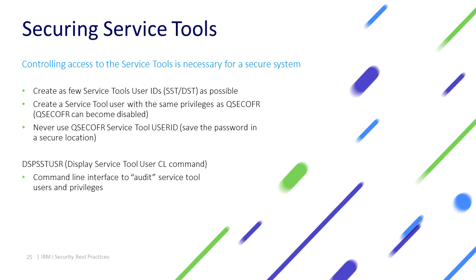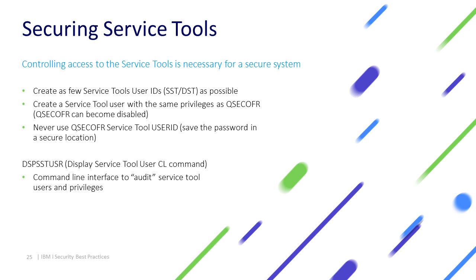Okay, we're going to talk a little bit about the service tools now. This is SST and DST. These tools are there for several different uses. Originally, back in the early releases of AS/400, they were there for IBM problem determination reasons. There are some very dangerous tools out there, and if somebody has access to SST, they can do a lot of things.